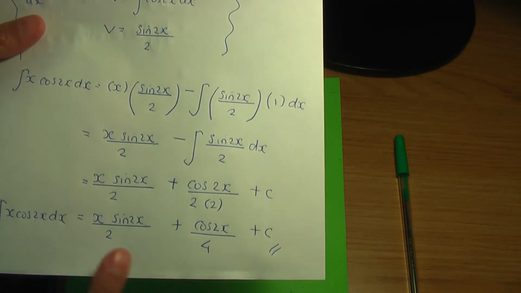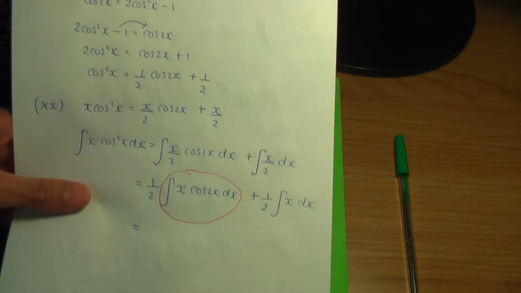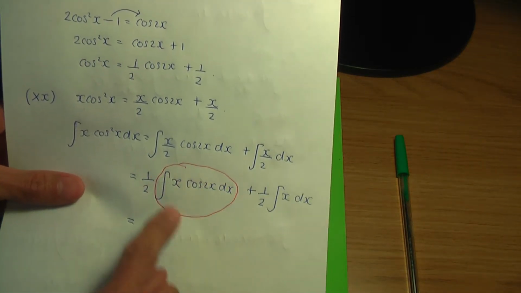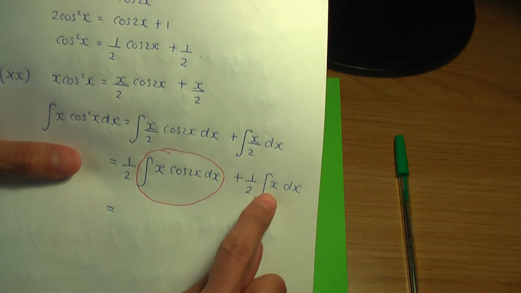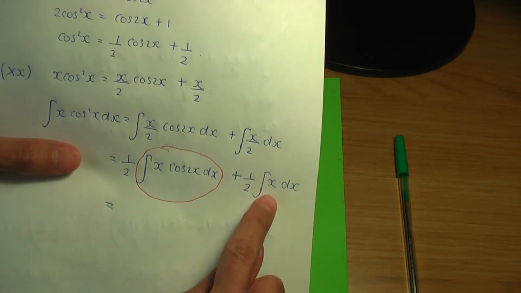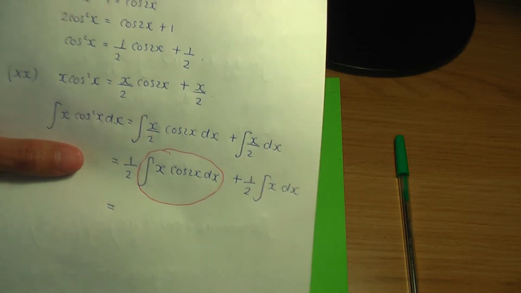So I'm going to incorporate that solution to help me solve this question. Let me replace this integral by its solution, which is this. And the integration of x is nice and easy: when you integrate x on its own, it's x squared over 2.